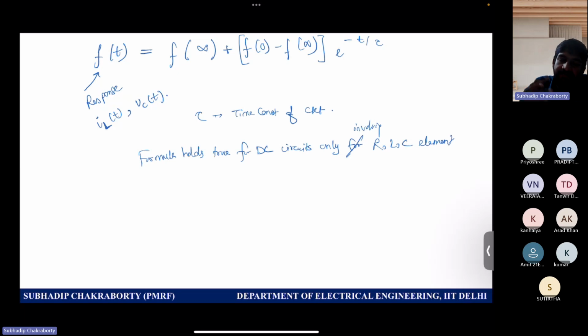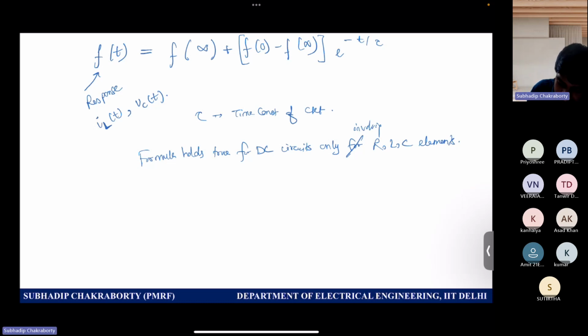For the DC problems, you can just in 3 steps write down the expression of all the parameters: voltage across the inductor, current through the inductor, voltage across the resistor, current through the resistor, voltage across the capacitor, current through the capacitor. All these things you can write in one line by following 3 simple steps.